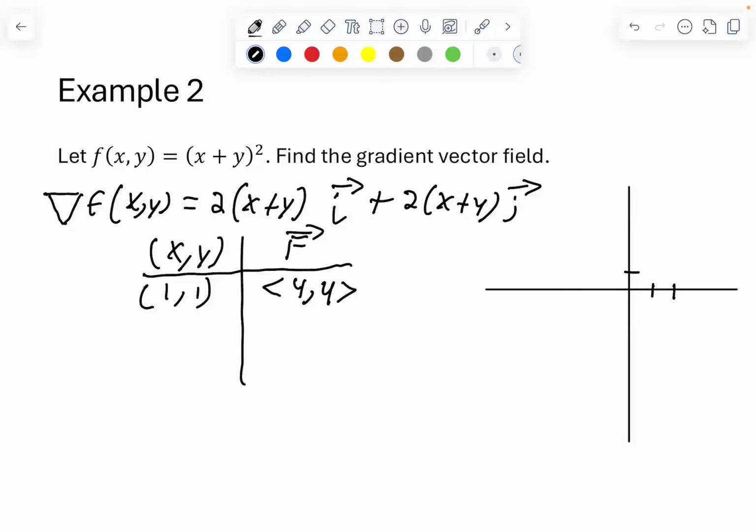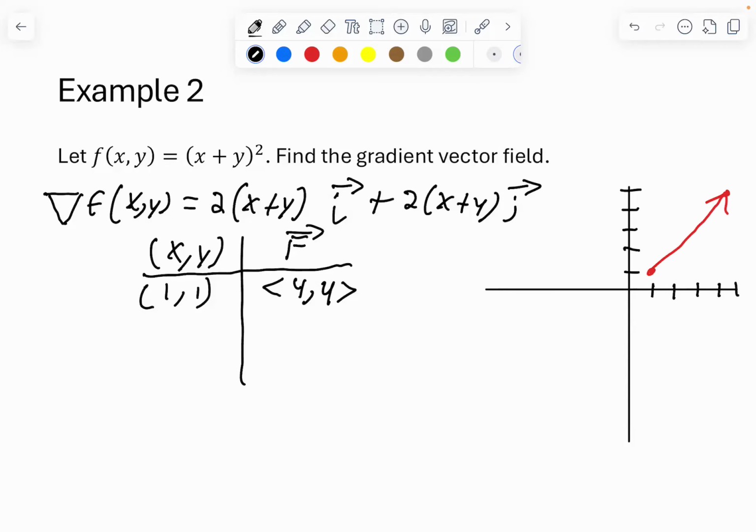So I need 1, 2, 3, 4 extra, and 1, 2, 3, and 4. So here's 1, 1. And you go to the right 4 and up 4. So something like that.